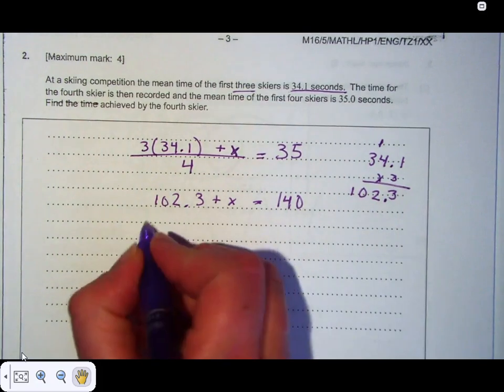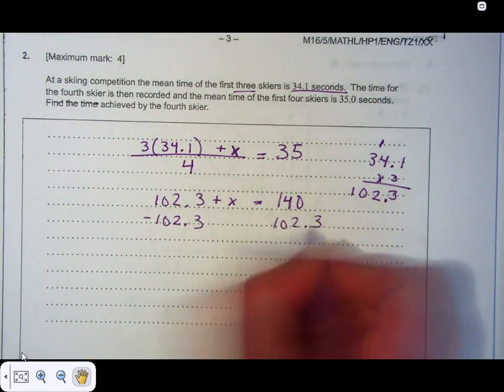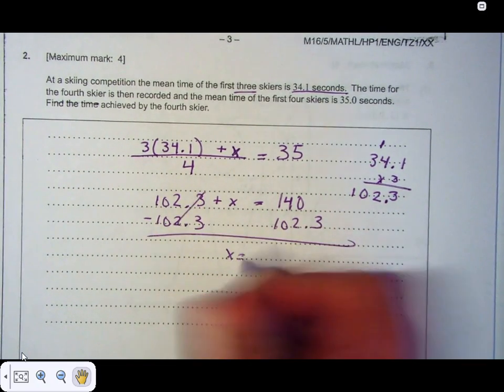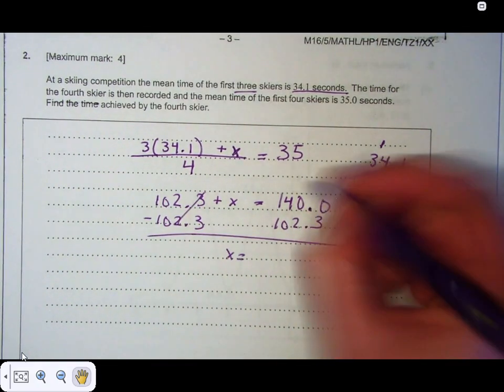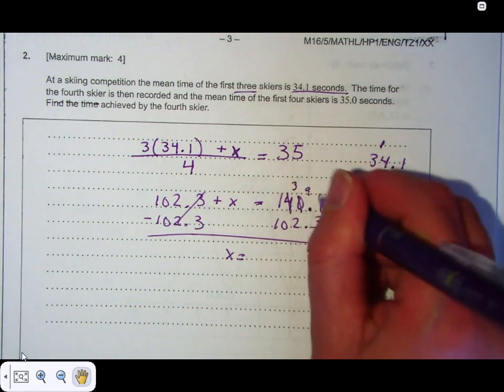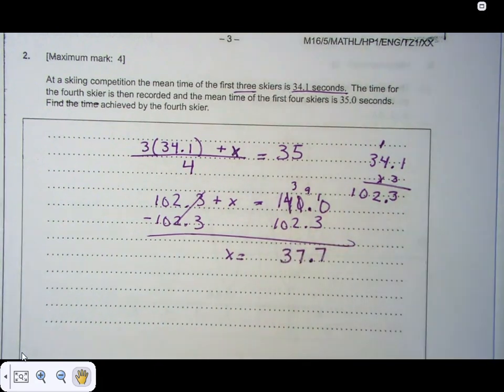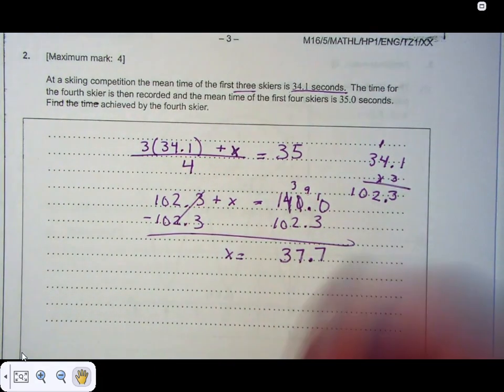And then I had to subtract 102.3. Okay, so yes, I do all the crossing out. Okay, and you get the 37.7 seconds.